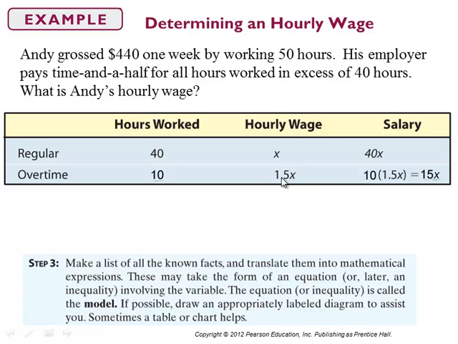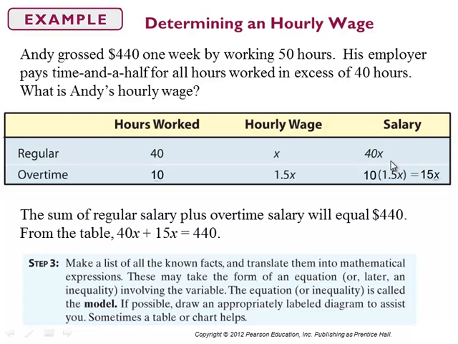And we will express it as 1.5 times his hourly wage. And if you multiply that by 10, it'll be 10 times 1.5, which is 15, as in his weekly salary for that set of 10 hours overtime will be 15x.